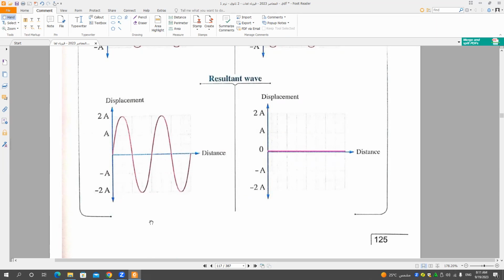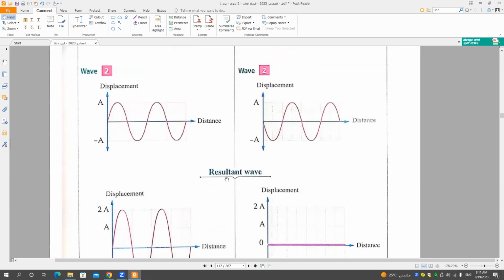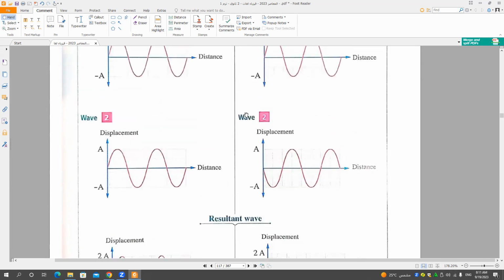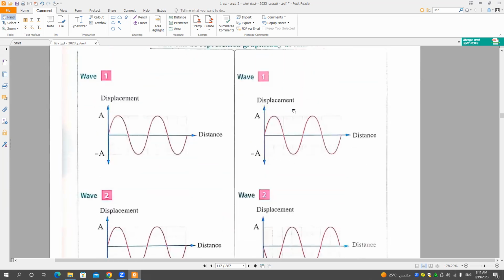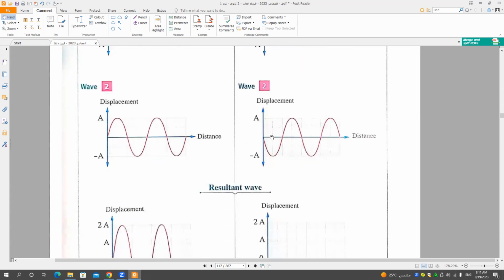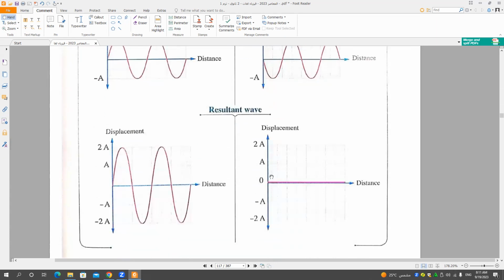What about destructive interference? Crest with trough or trough with crest will make destructive interference, so the peaks of the wave will die due to the destructive interference.